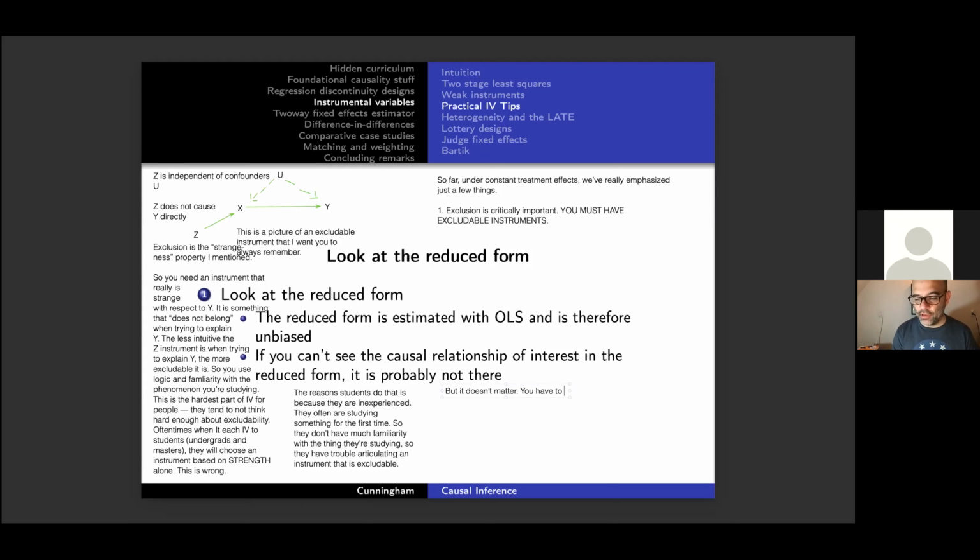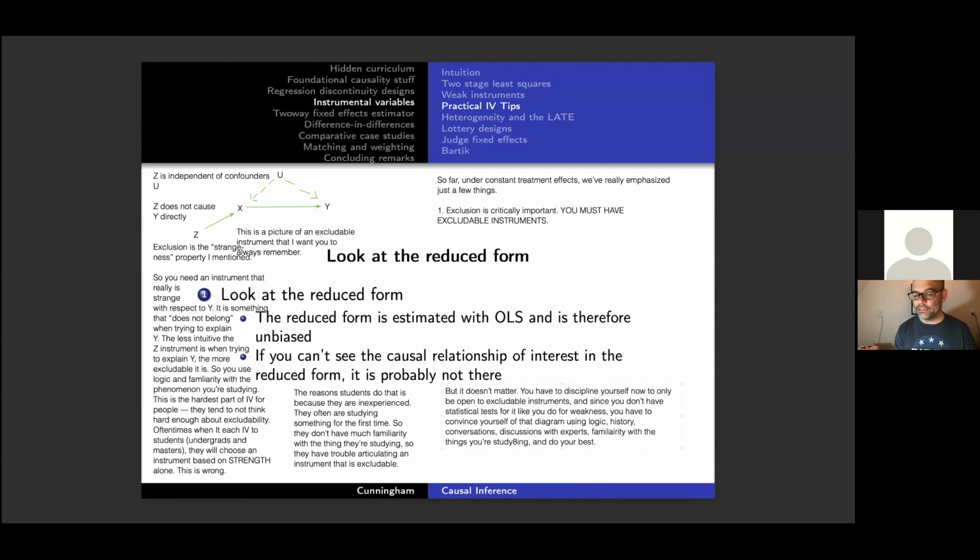You have to discipline yourself now to only be open to excludable instruments. And since you don't have statistical tests for it like you do for weakness, you have to convince yourself of that diagram using logic, history, conversations, discussions with experts, familiarity with the thing you're studying, and do your best.